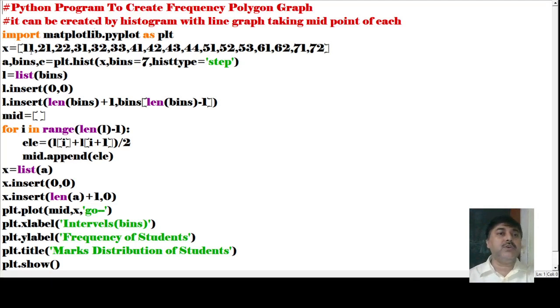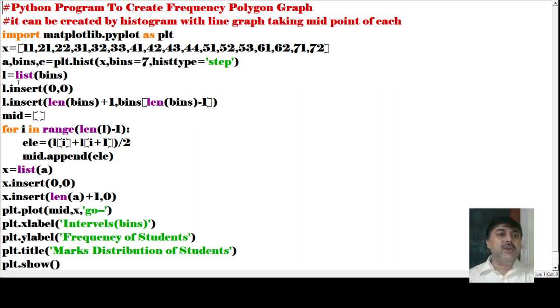See here, x equals some values, different types of values given randomly. Then a, bins, c equals plt.hist, that is, x, bins equals 7, histtype equals step.